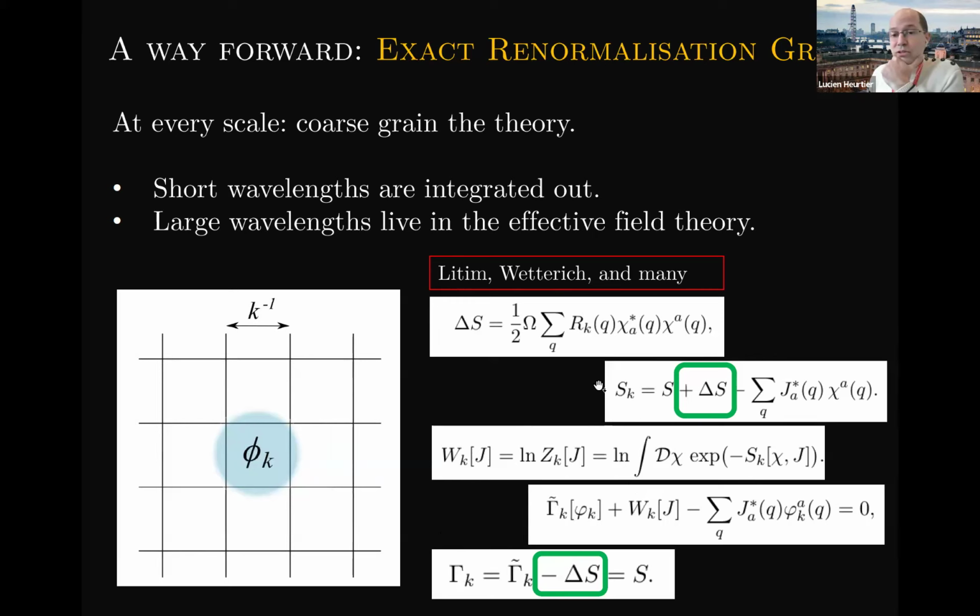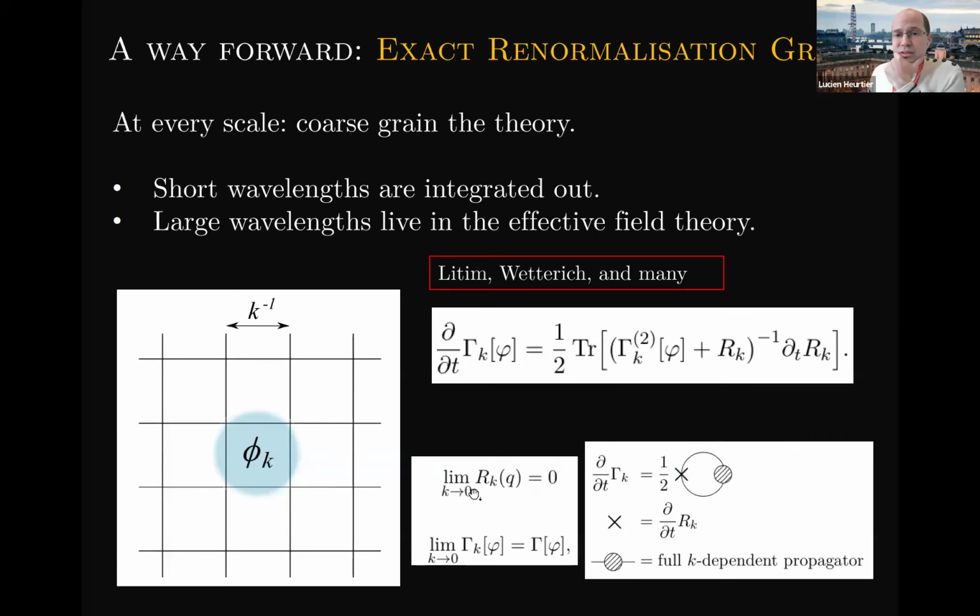So you take a classical action, add a piece to it, then calculate your effective action, and at the end say, oh, actually, by the way, I had added a piece, so I need to remove it, and to recover the effective action which really comes from my classical field theory.